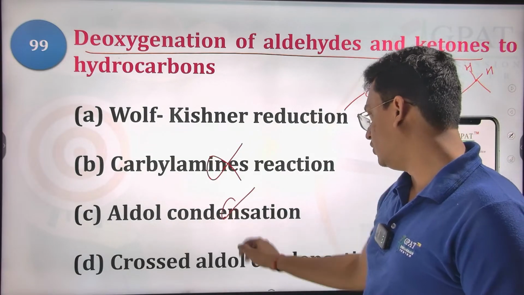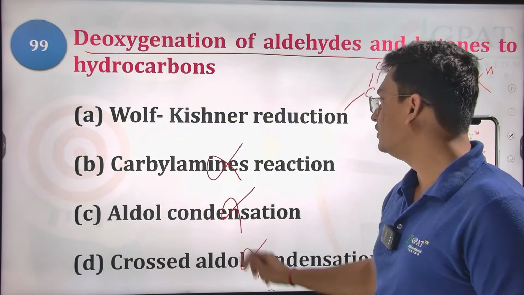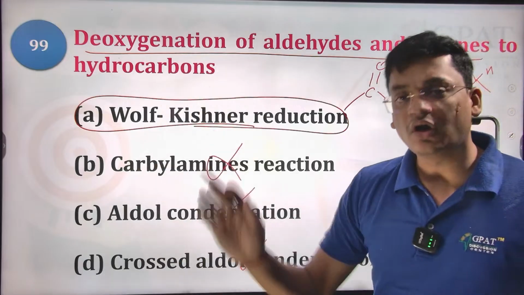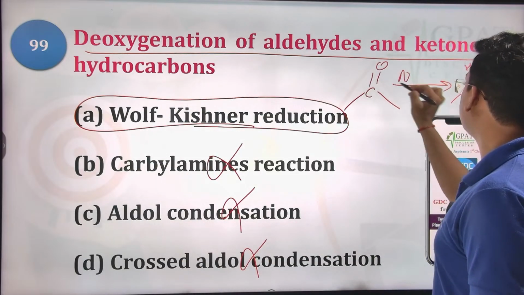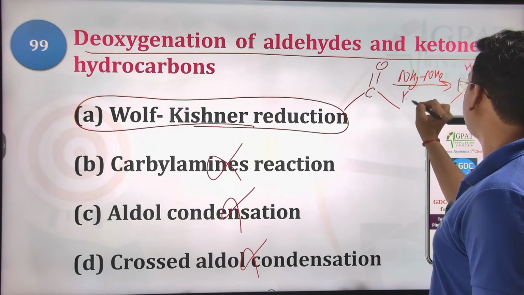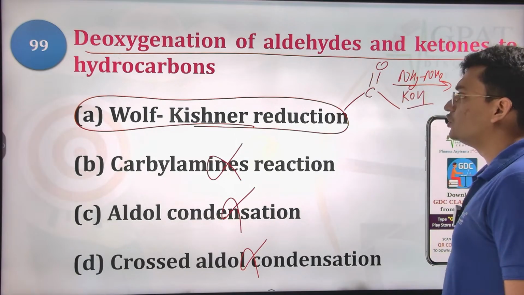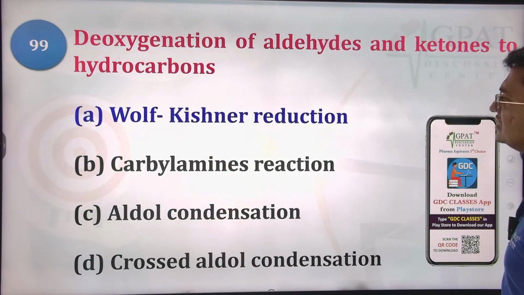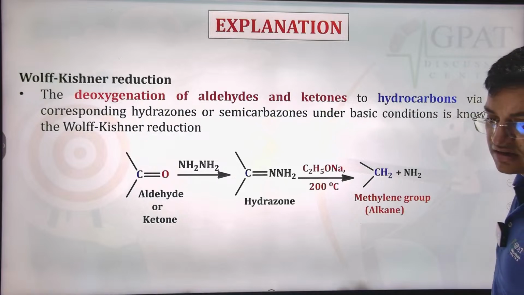Aldol condensation, no. Crossed aldol, no. It could be either the Clemmensen reduction or the Wolff-Kishner reduction. If we treat this compound with NH2NH2 and a base, KOH, the carbonyl group gets reduced to hydrocarbon. So A, the Wolff-Kishner reduction, is the right answer.